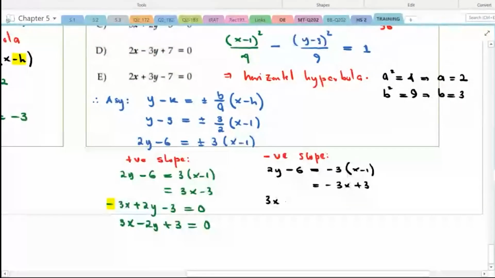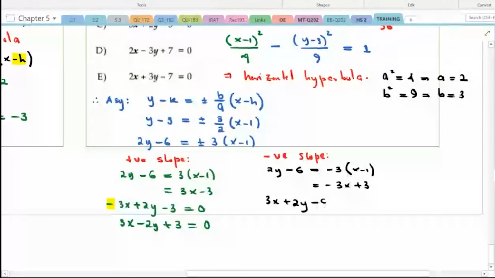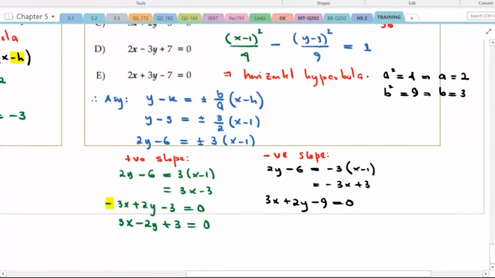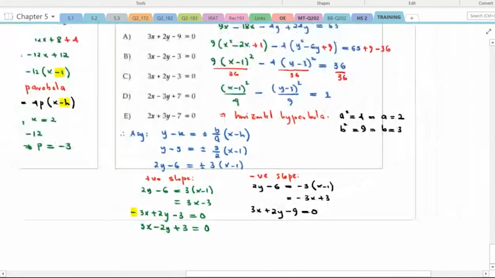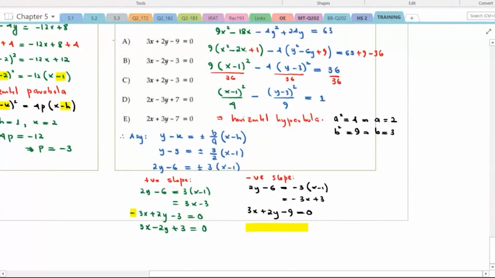So we say 3x plus 2y. Now bring this 3, and this is going to be minus 9 equal to 0. So we have the two asymptotes now. One of them should be the correct answer. Now if you look at it, gentlemen, you will agree with me that A is in the answer options here, but this one, we cannot find it as part of our answer. So one of them will be true.